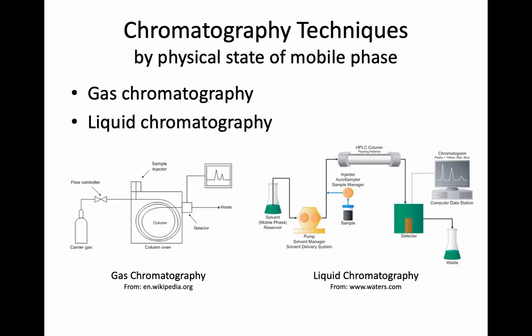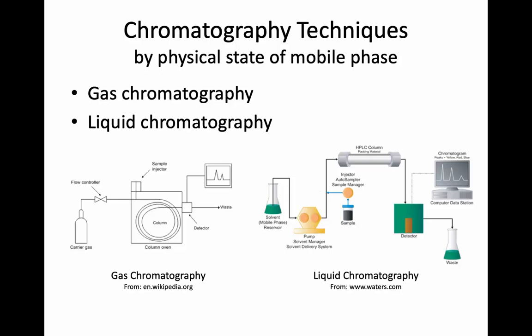It relies mostly on the polar affinity between compounds and the stationary phase. Two very common analytic chromatography tools or processes depend on the physical state of the mobile phase: the GC, or gas chromatography, and the LC or HPLC, which stands for high performance liquid chromatography.